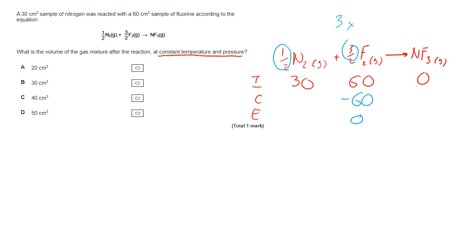And then this one is going to get used up 60 divided by 3 because it gets used up 3 times smaller. Again, if you just doubled everything so it was 1, 3, 2, you'd still get this same 1:3 ratio. 60 divided by 3 is 20, 30 take away 20 is just going to be 10. Now, this is where your maths gets a little bit trickier. On this side, we're going to have to go up plus 60.